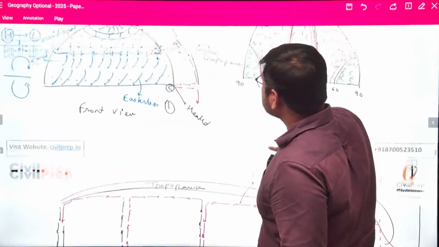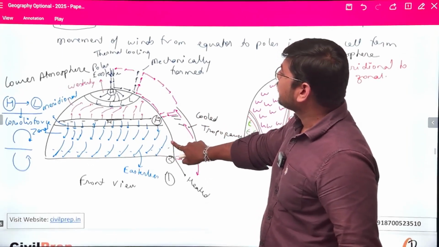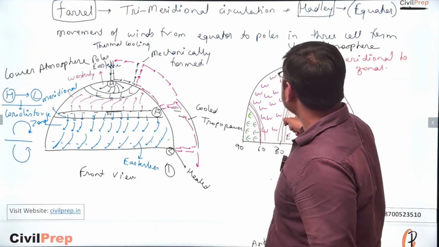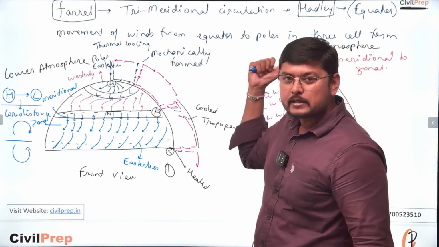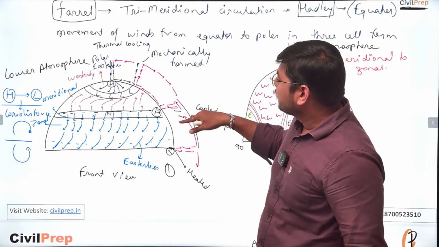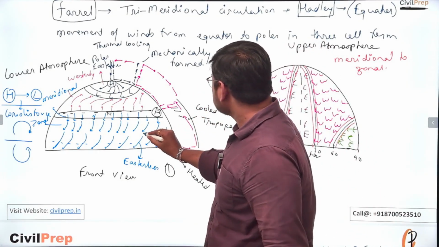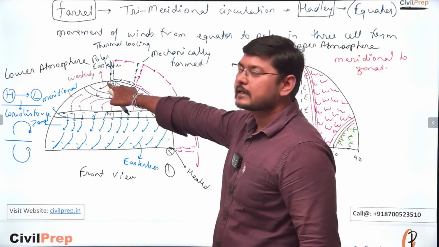Through these diagrams. These diagrams are very important. We need to show both the atmospheric systems, that is the lower atmosphere, how the winds are moving there, and the upper atmosphere, how the winds are moving there, the westerly component and the easterly component. For example, this is easterly, this is easterly, this is westerly, and this is again easterly.